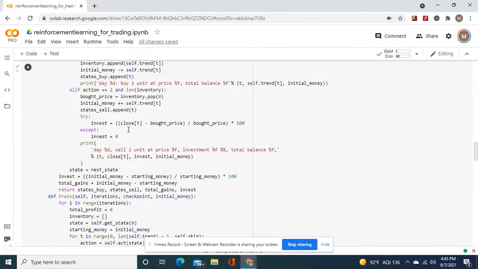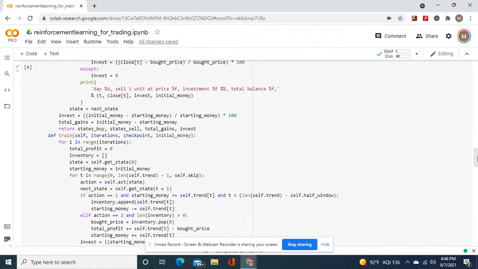Elif. Try invest equals close minus bought price divided by bought price times 100. Except invest 0. Initial money minus starting money divided by starting money times 100.